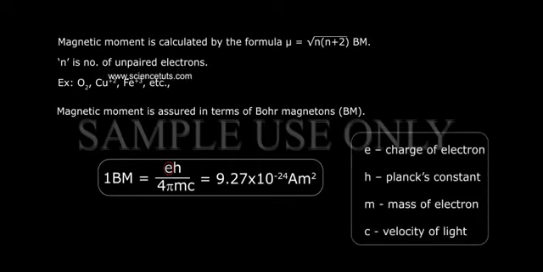e is the charge of the electron, h is Planck's constant, m is the mass of the electron, and c is the velocity of light.